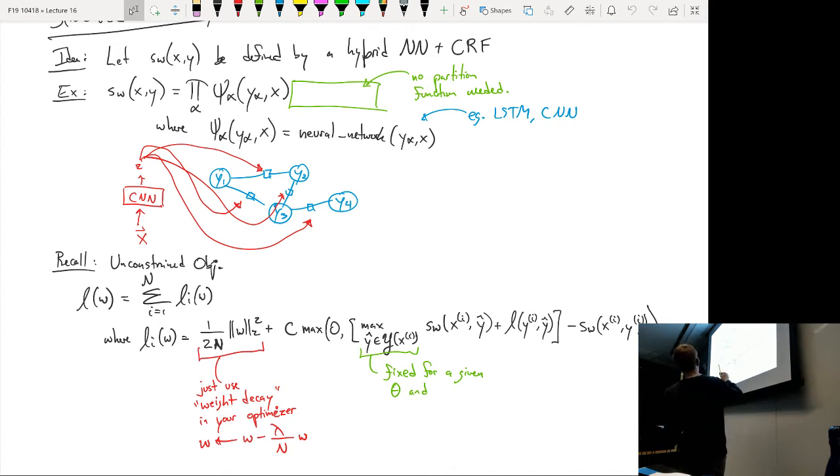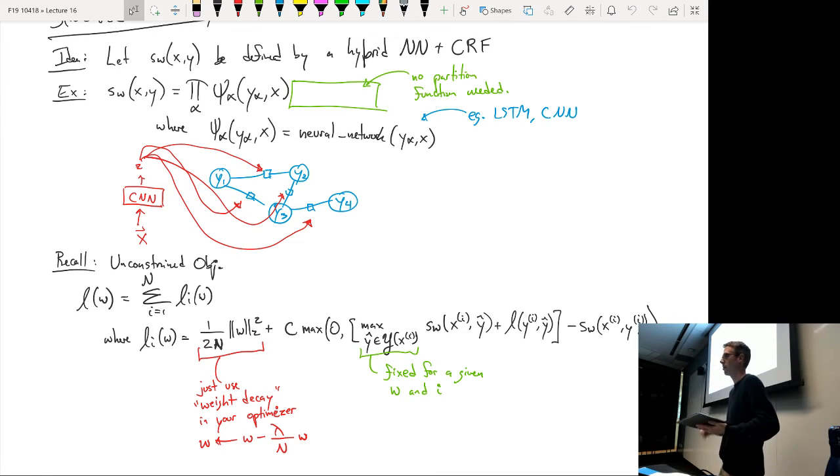So our parameters here are W. If you know what our parameters W are, you can figure out which y hat maximizes this by running loss augmented MAP inference, or loss augmented inference.